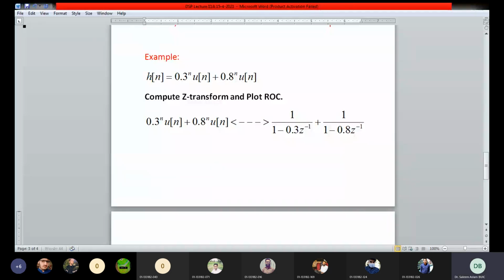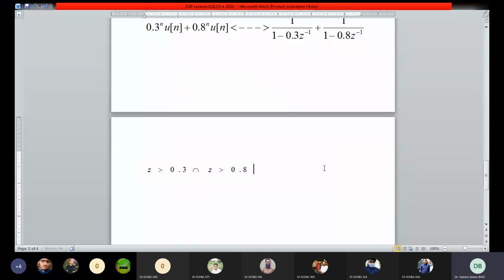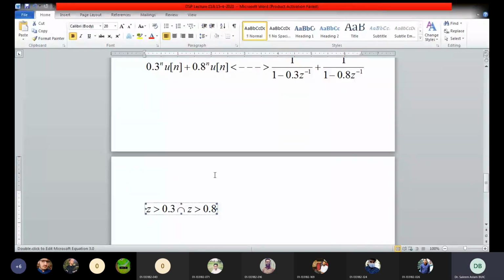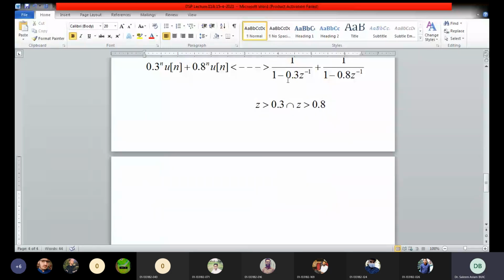So one is greater than 0.3 and one is greater than 0.8, so what will the answer be? It will be greater than 0.8. Yes, excellent. So the answer is |z| greater than 0.8.